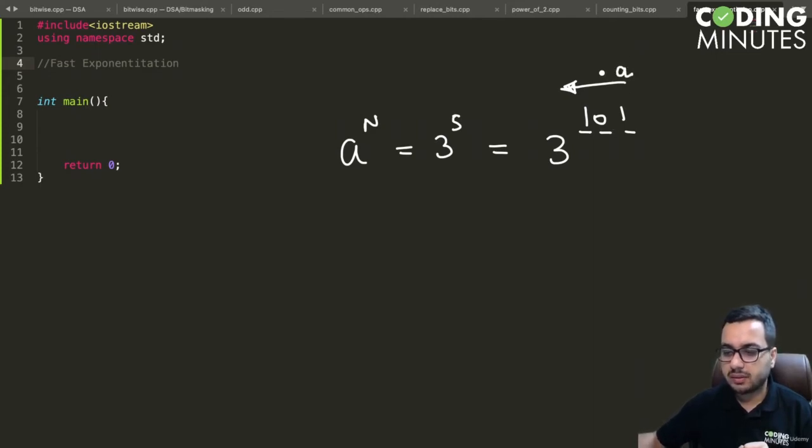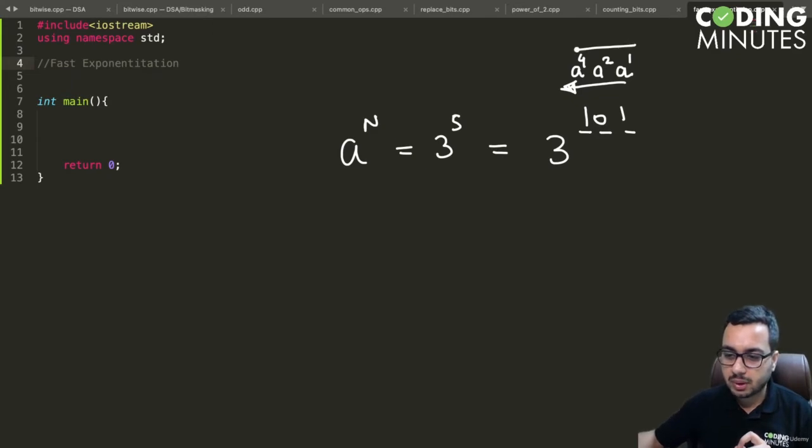At this point we can write it as a square, and at this point we are going to write it as a^4. So as we are going from left to right, we are going to start from a raised to the power 1, and every time we go to the next bit, we are going to square the previous power.